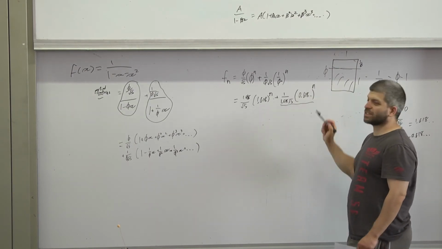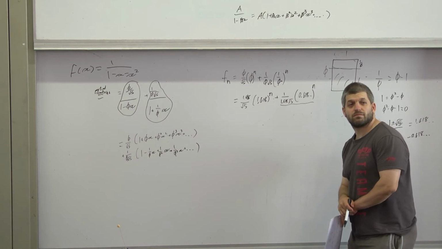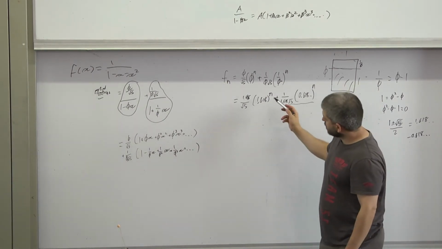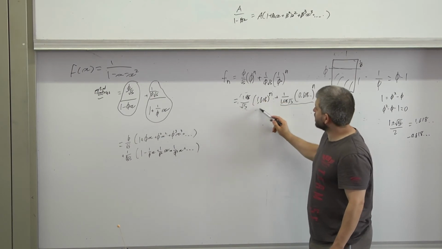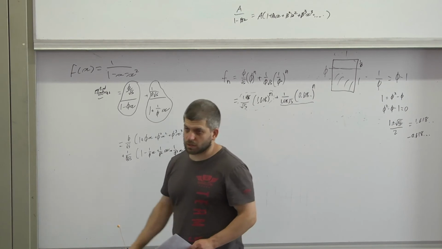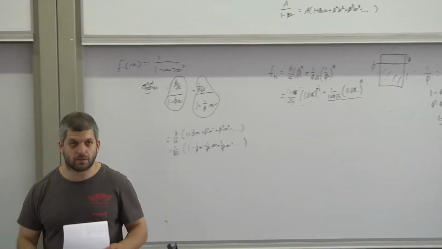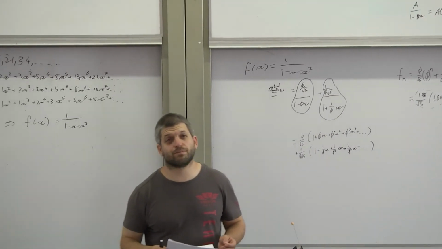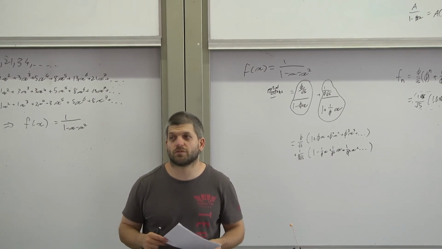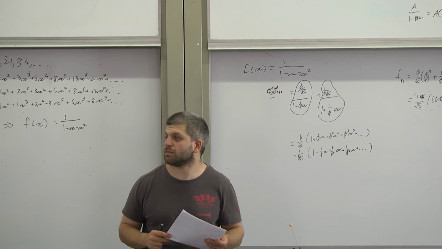This term is going to vanish. Right? Like this is just going to get small. So most of what we care about is this. That gives us a nice approximation for the Fibonacci number. Fibonacci numbers grow roughly geometrically. I'm sure you've all seen that before, right?